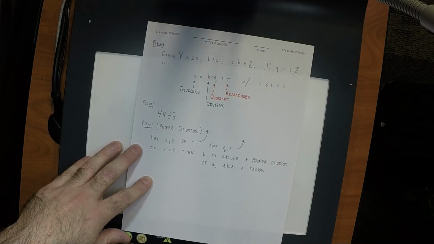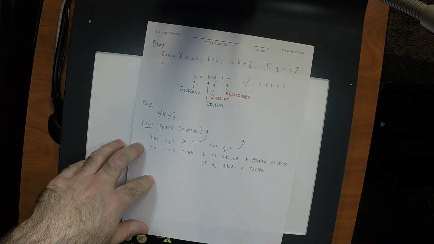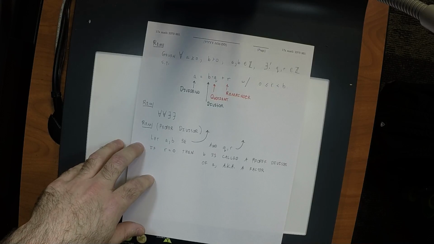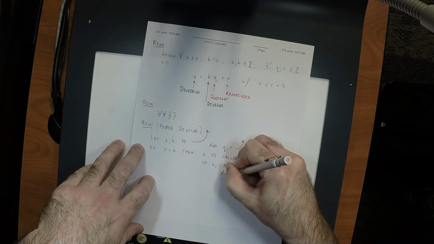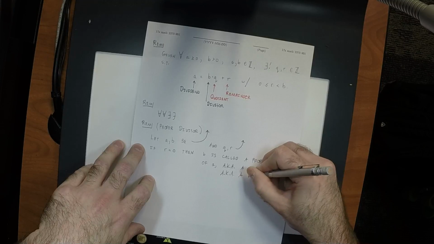So factor and proper divisor are synonyms, and then this is all fine, and then here's the problem. It is also known as a divisor.